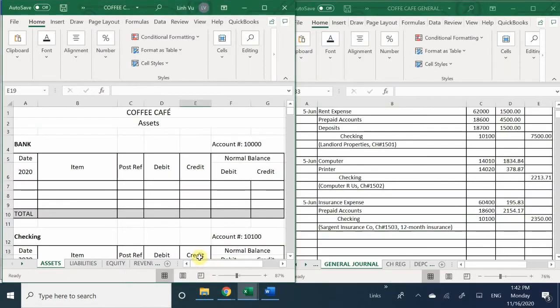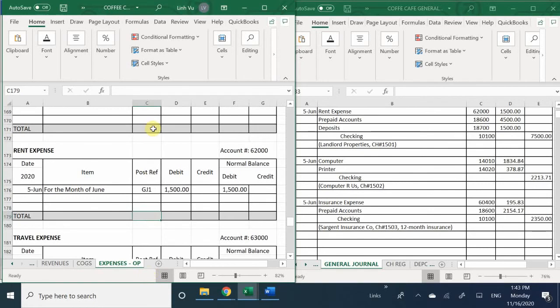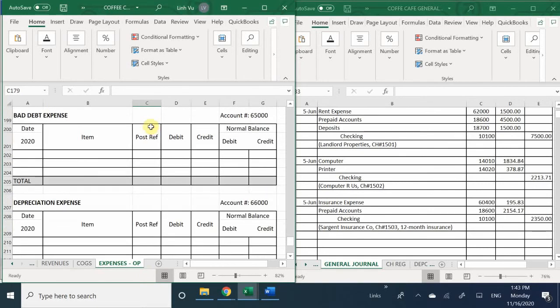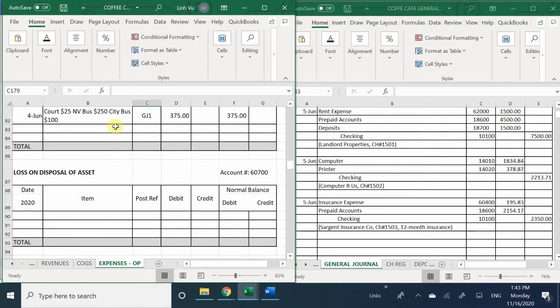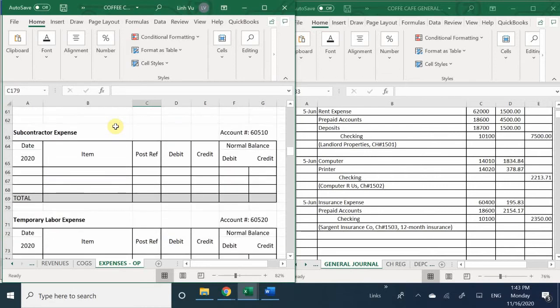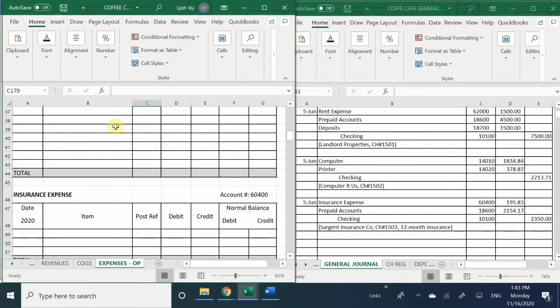So here, go to my ledger, and exactly how I posted it in my journal, first thing is going to be insurance expense. So let me go find my expenses. Keep going. I have to go up. Okay, so I found my insurance expense.